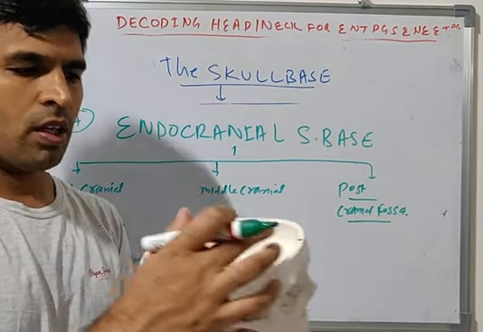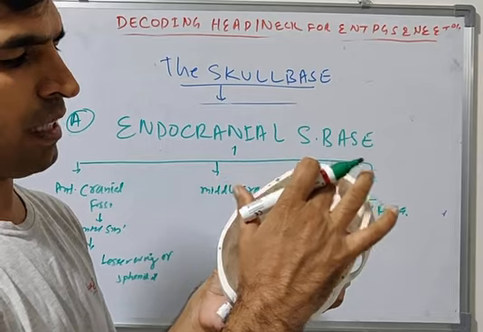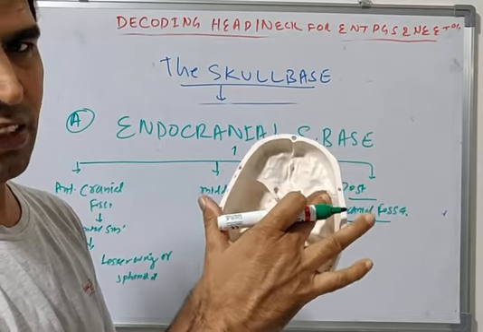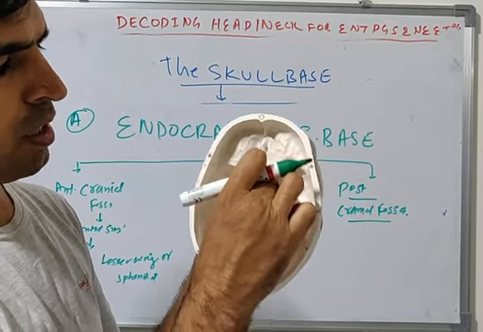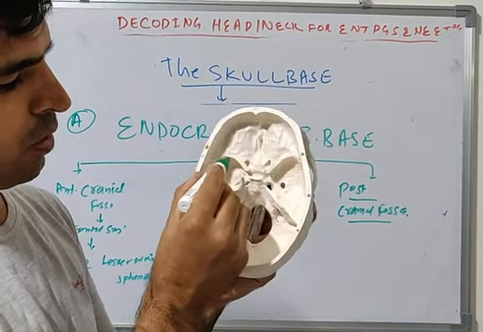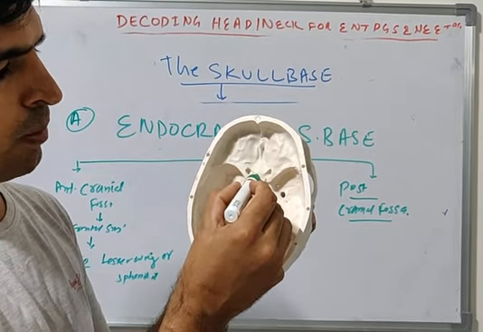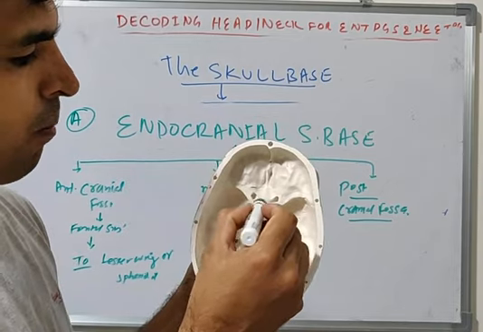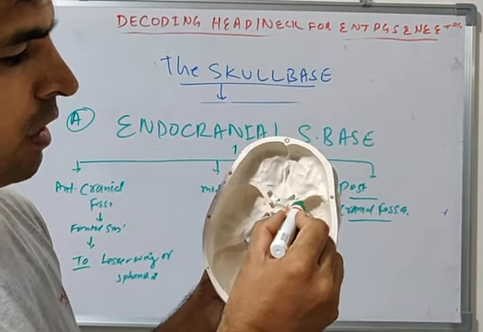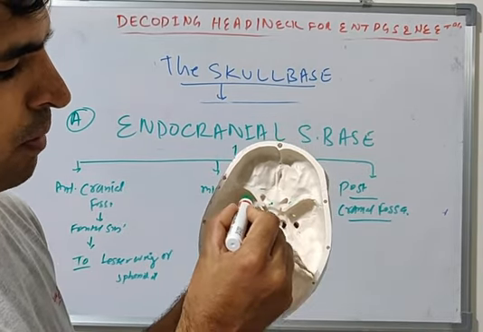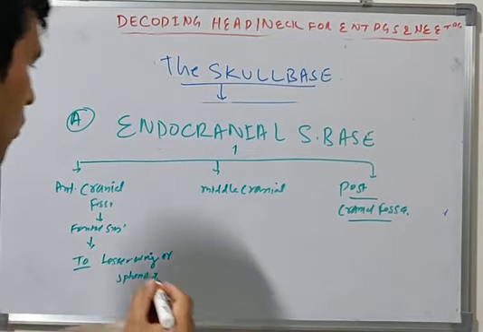These are the lesser wings of sphenoid. This is the body, jugum sphenoidale. So it goes till the posterior border of the lesser wing of the sphenoid. This is the anterior cranial fossa.